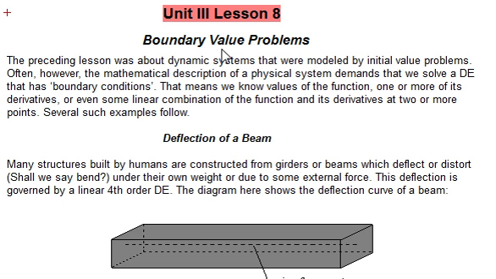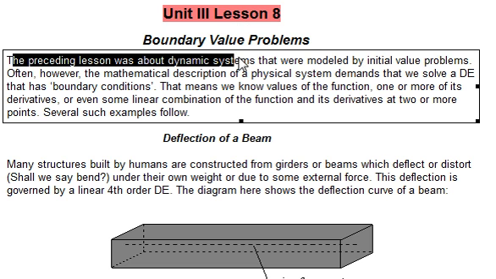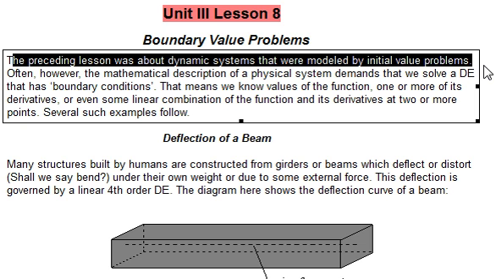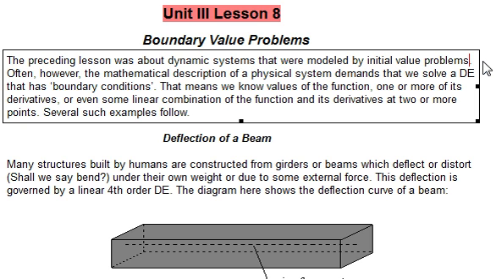Okay. Unit 3, Lesson 8, is about boundary value problems. Always before this, we've had dynamic systems modeled with initial value problems where we knew the value of the function and its derivative. However, mathematically, we might not always have that.